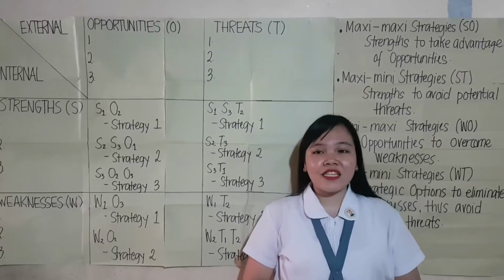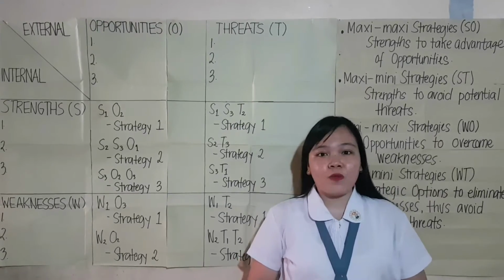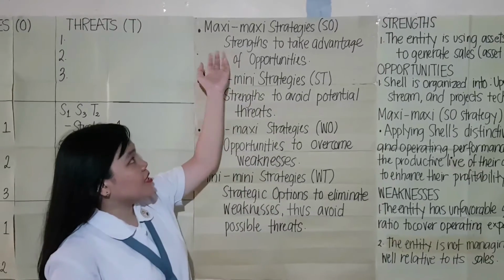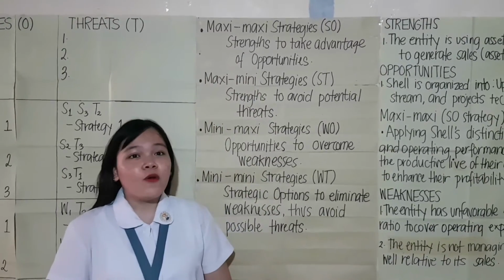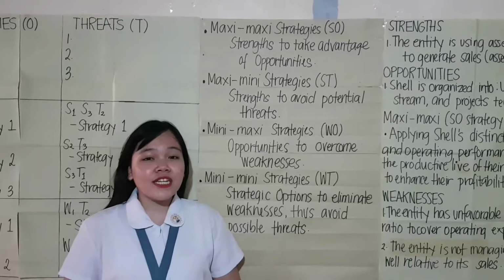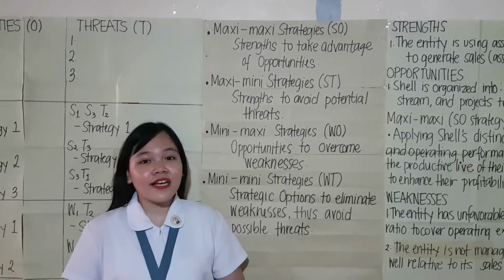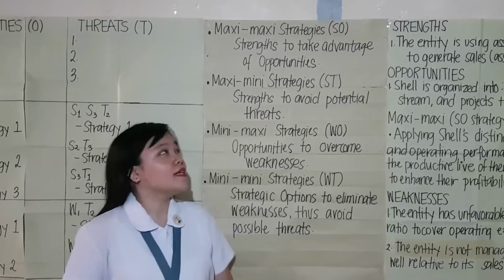So, these strategies are based on the following. Maxi-maxi strategy or the SO strategy: combinations or pairs which an entity can use to maximize their strengths and to take advantage of their opportunities.